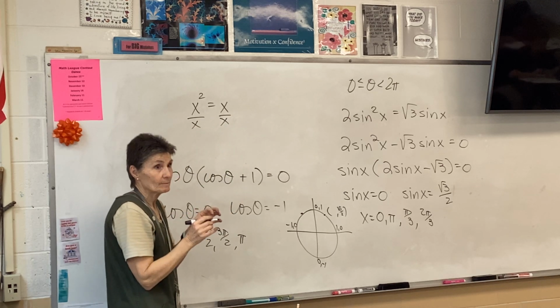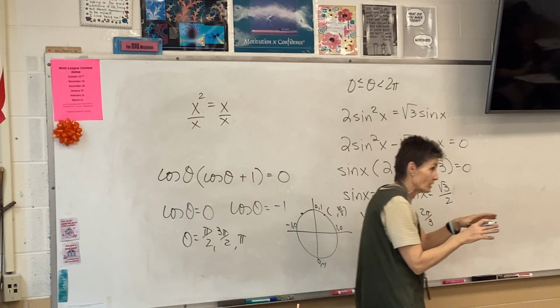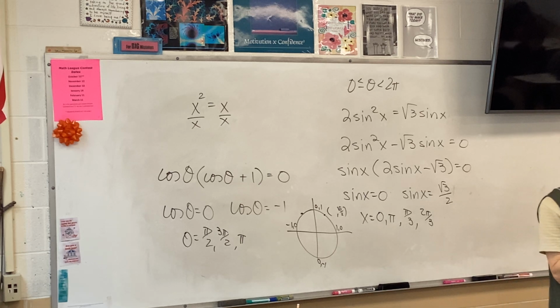I hope not, because dividing both sides of an equation by something is fine, as long as the something isn't 0, right? And if you have a variable, do you know if it's 0 or not? No. So division by a variable is never allowed, unless somewhere in the problem you are absolutely sure that it's not 0.